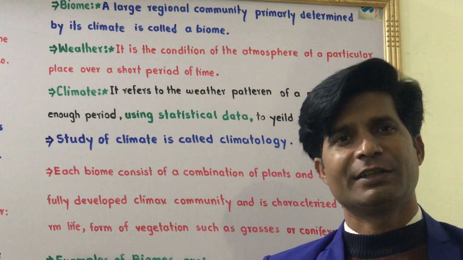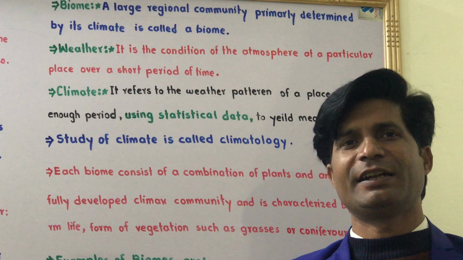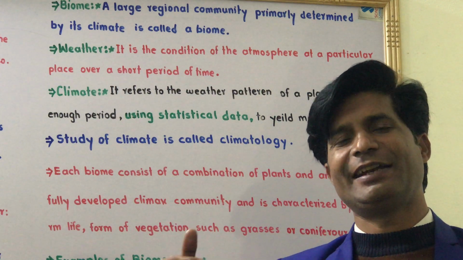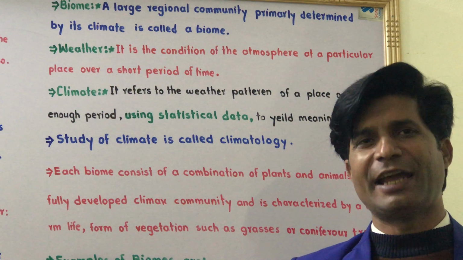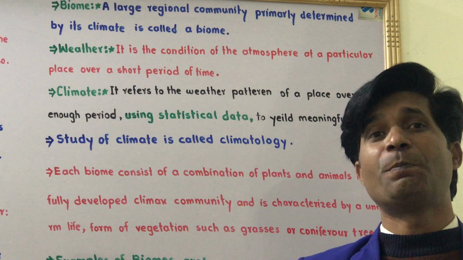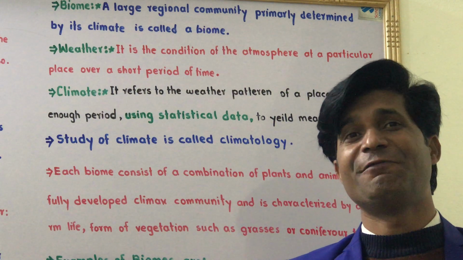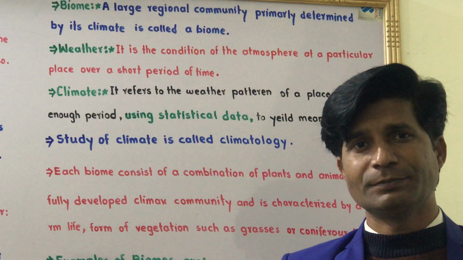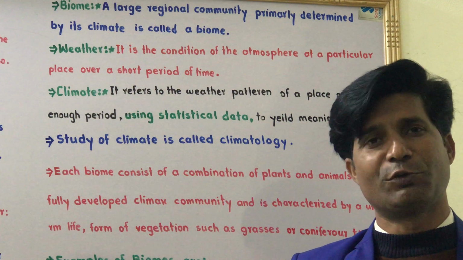What I want to say is that climate is the reporting of the weather for a longer period of time, for years and years over years. Why? If we have some data of a place, then we will be able to predict what kind of vegetation can grow at a particular place in which season, and what kind of animals can develop themselves in a particular place in a particular weather.